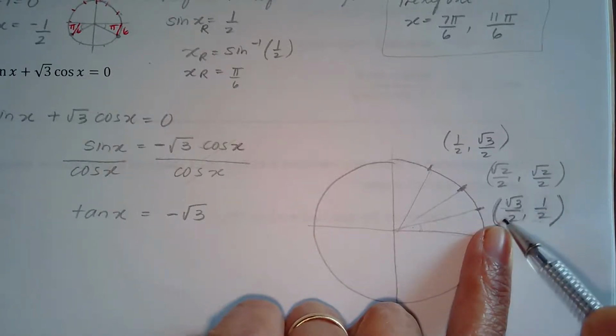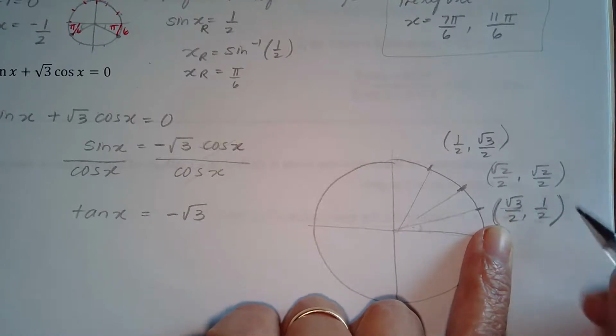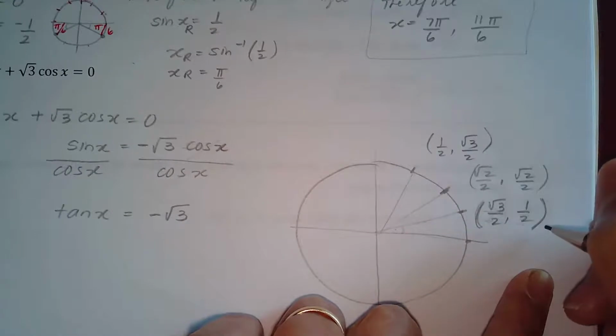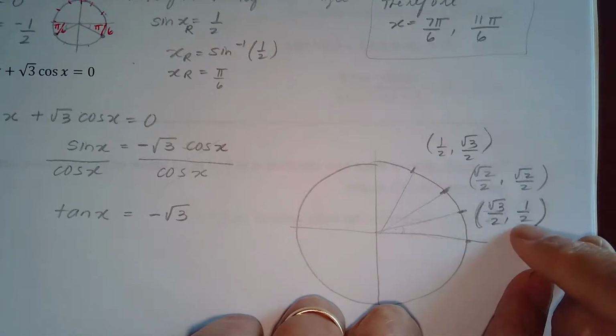So the 2's cancel, and that's going to be 1 over root 3. So the tangent of pi by 6 is 1 over root 3.